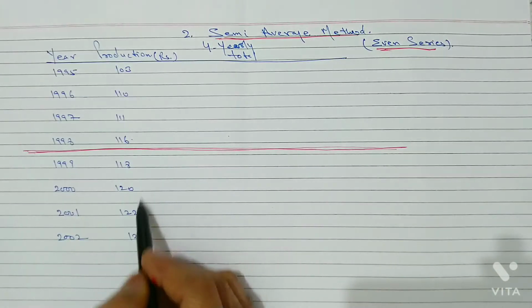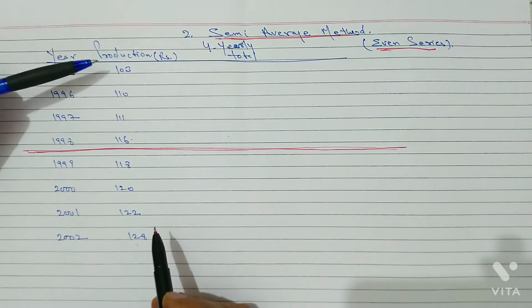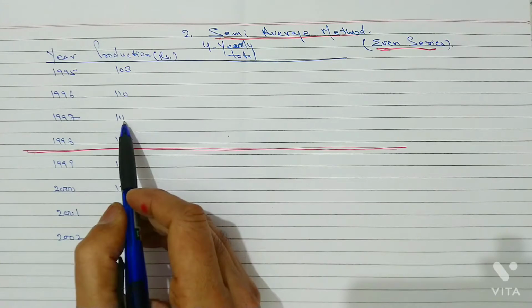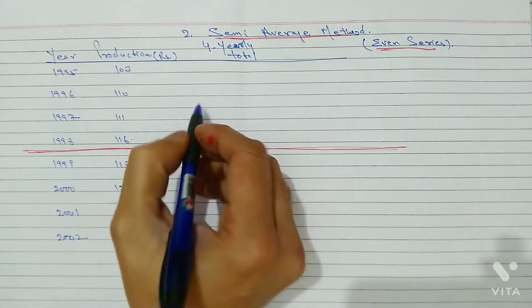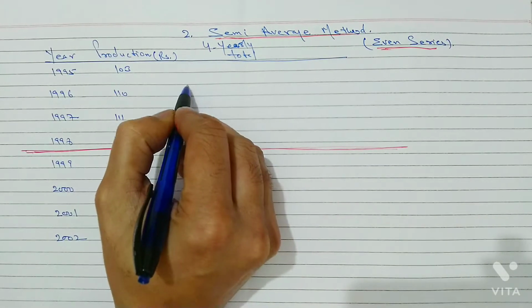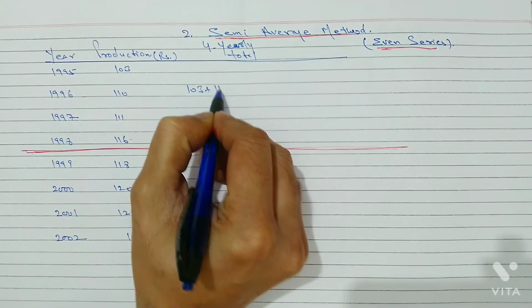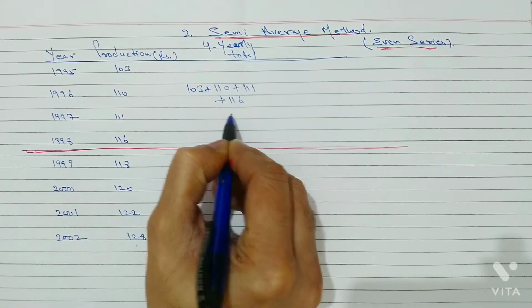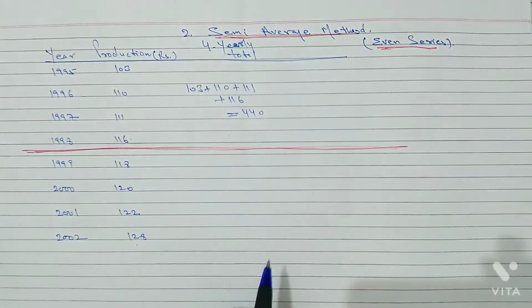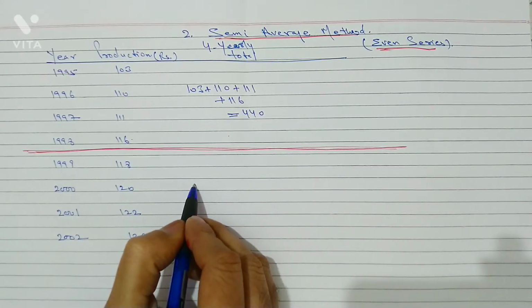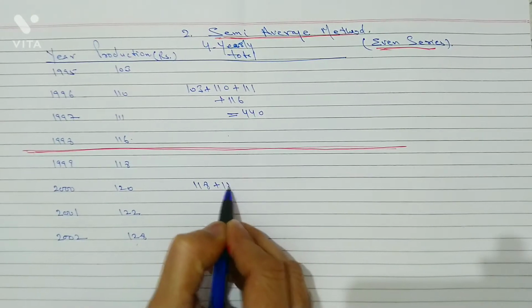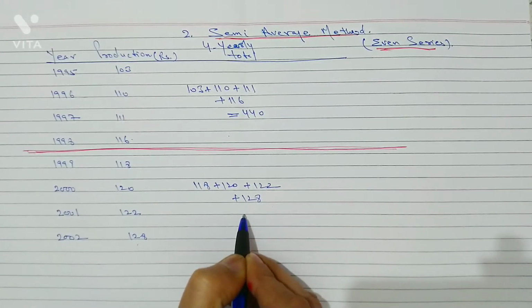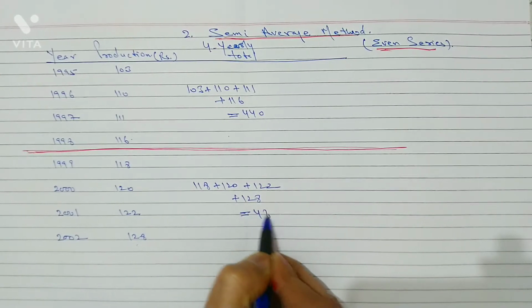First 4: 103 plus 110 plus 111 plus 116. Total is 440. For the next: 118 plus 120 plus 122 plus 128. Total is 488.